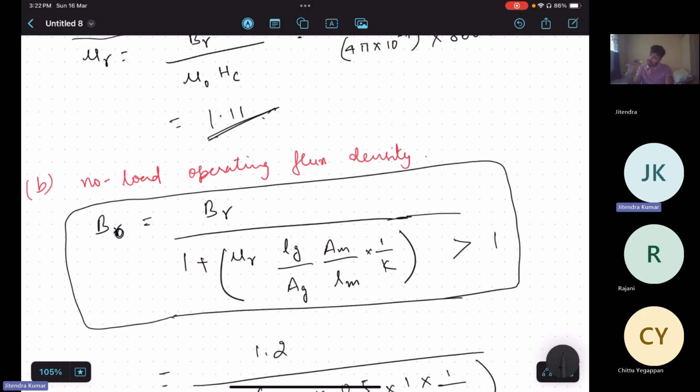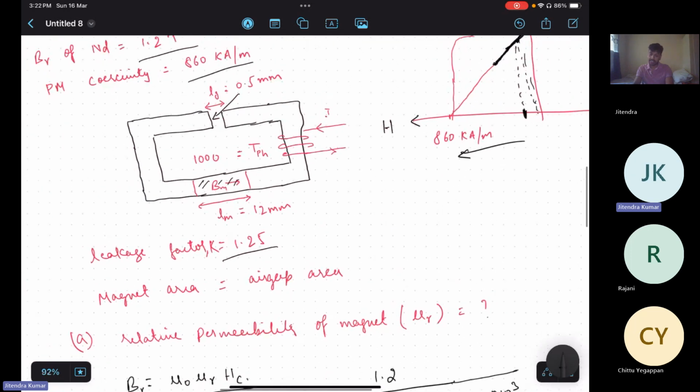So even at no load, this permanent magnet which is placed here has to supply to that load. And what is the load here? Can you let me know what is the load here in this electromechanical device? The permanent magnet is the source here, and the permanent magnet has to supply the flux.